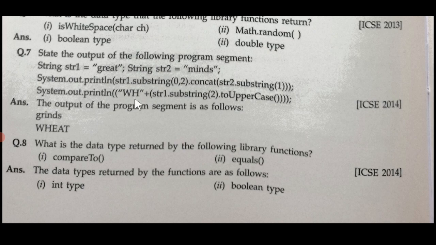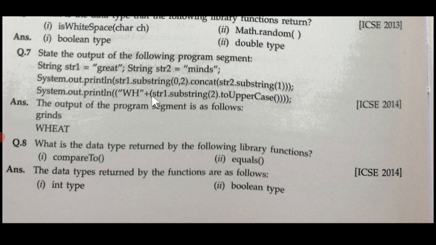After that we have wh plus str1.substring(2). So 0 1 2, that is e.